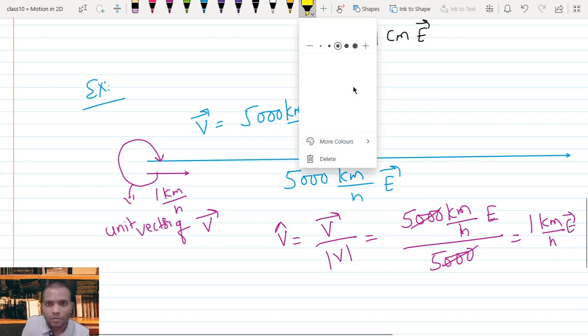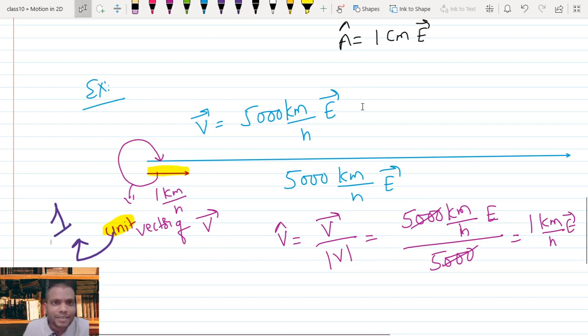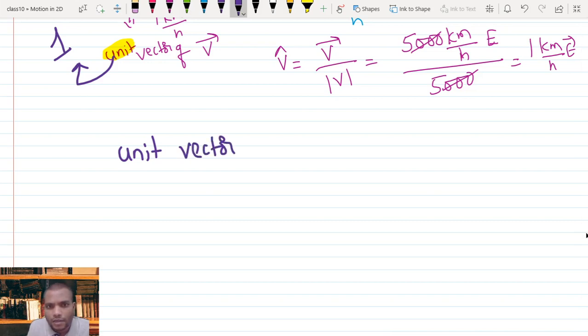A vector drawn with a unit, as I said, unit means 1, is helpful to represent vectors in small length. For every vector we can represent its unit vector. Therefore, the unit vector formula is A cap equal to A bar upon modulus A.